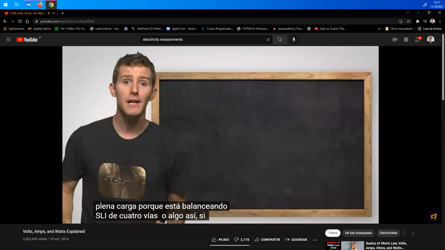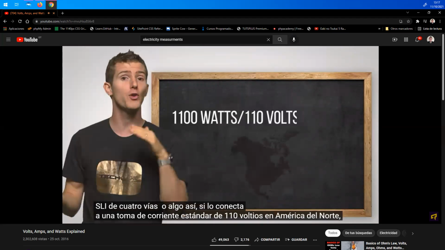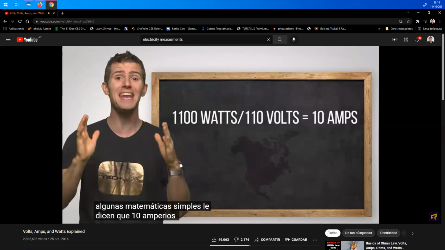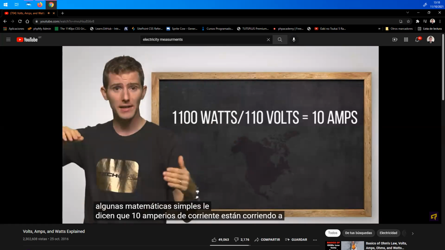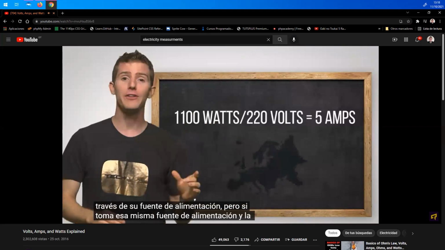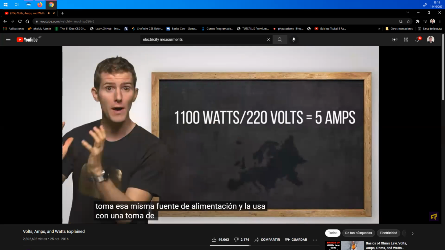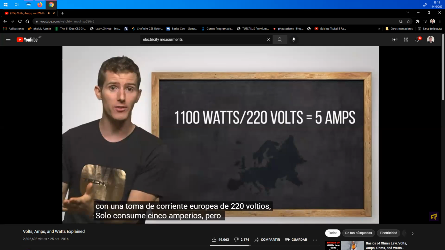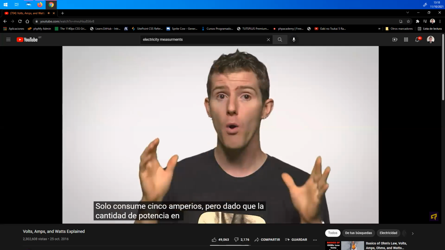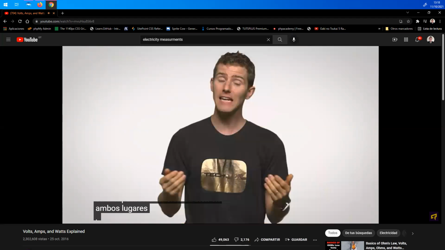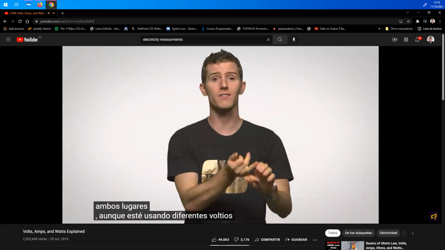So if you plug that into a standard 110 volt North American outlet, some simple math tells you that 10 amps of current is running through your power supply. But if you take that same power supply and use it with a 220 volt European outlet, you're only drawing 5 amps. But since the amount of power in watts is the same, your computer will work just fine in both places, even though you're using different volts and amps.